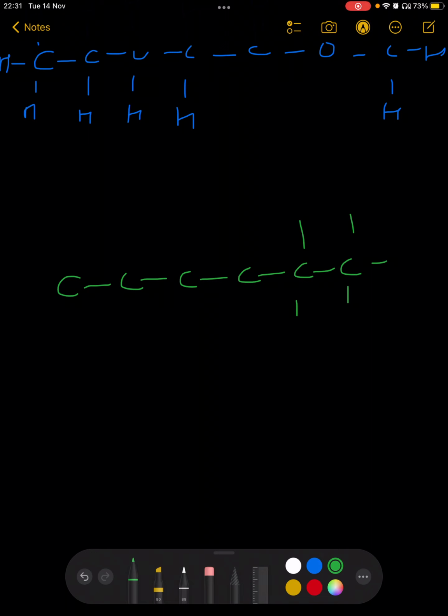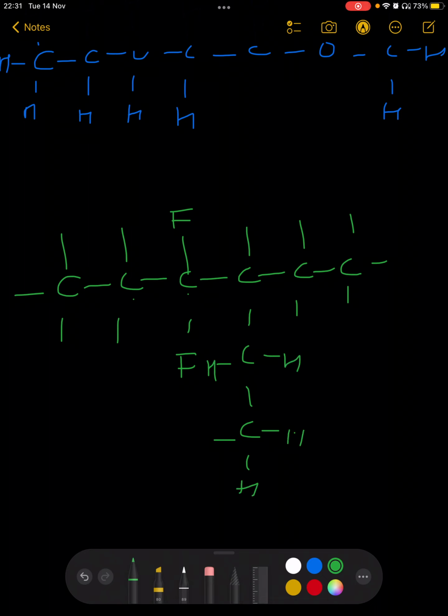Now, positions are already given. At position 3, if you're starting from left to right, this is 1, 2, and 3. 3 has 2 fluorides. Then position 4, if you're starting from left to right, has an ethyl group, so it's CH2, CH3. Then we put in these H's.